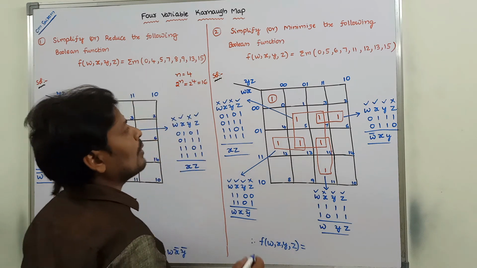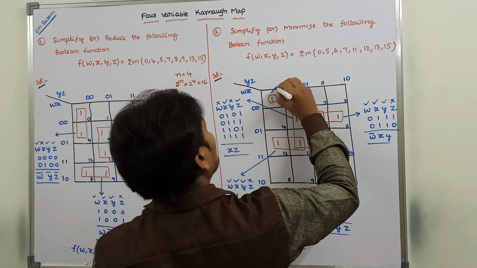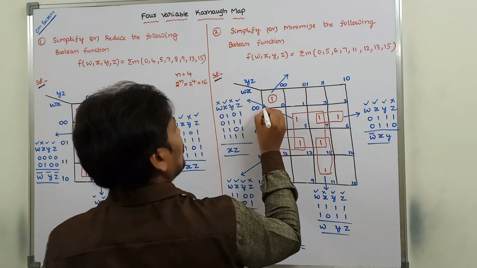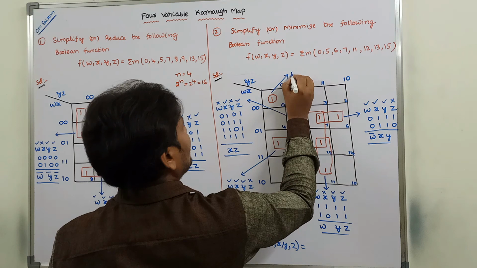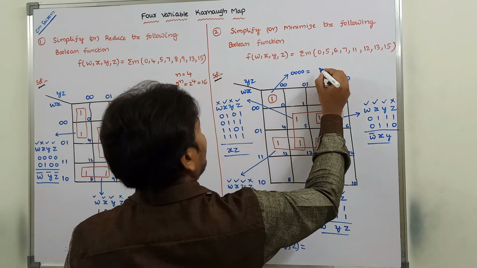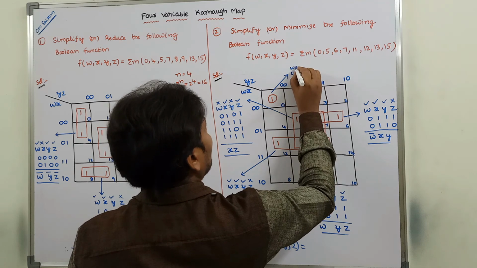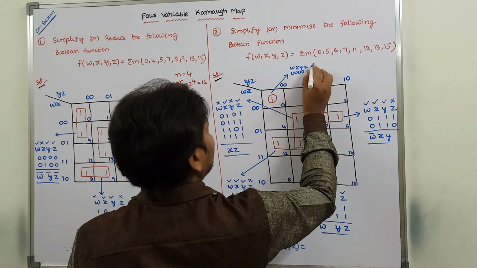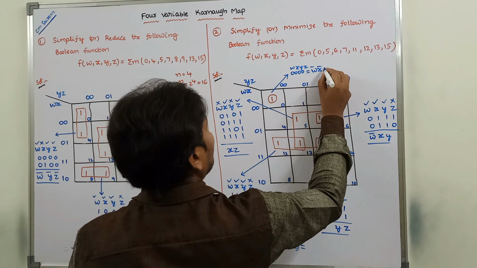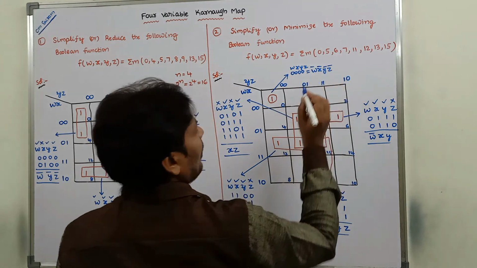So what is the minimal expression we are getting from this one quad, 3 pairs and 1 singleton? For the singleton, row wise 0 0, column wise 0 0, all zeros, so W bar X bar Y bar Z bar.